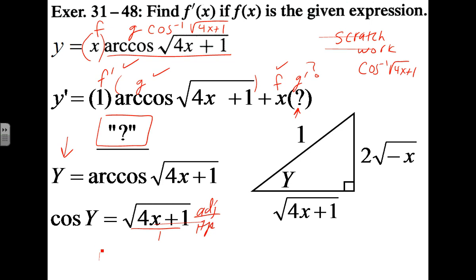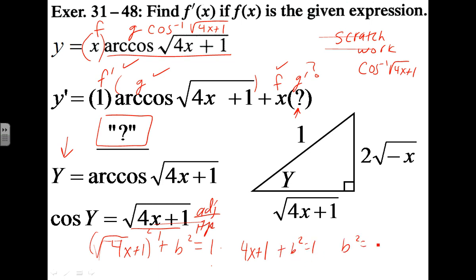Well, you have the square root of 4x plus 1, all squared, plus b squared equals 1. Square that out, and you have 4x plus 1 plus b squared equals 1.